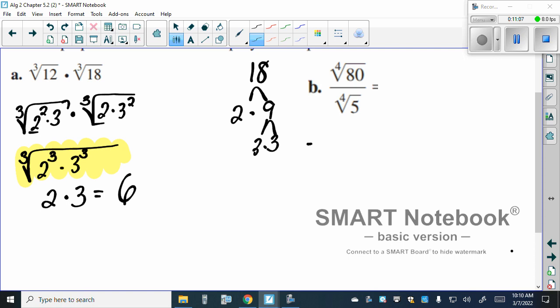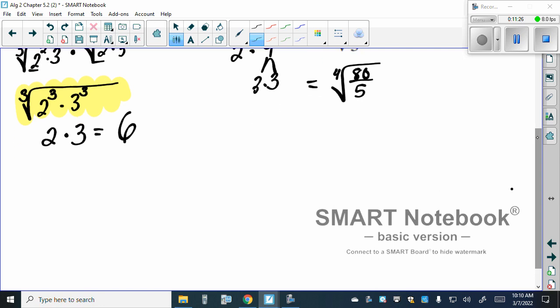And what I mean by that is saying that we have the fourth root of 80 divided by 5. Now, if they won't simplify nicely, because if it had been, say, 7, there's not a whole lot of use in doing this because it doesn't help us. It does not make it into a simpler problem.